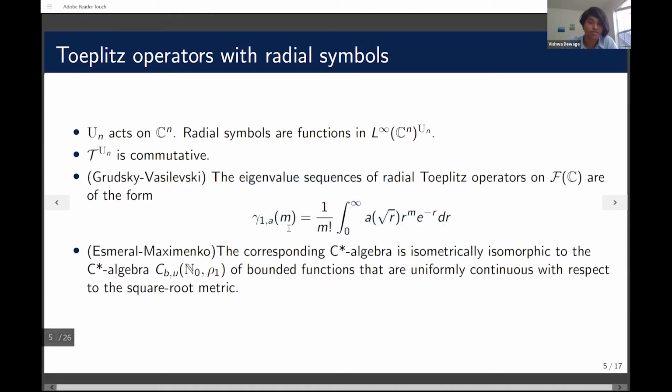So they are just sequences on N naught. And Esmeral and Maximenko showed that the corresponding C-star algebra is isometrically isomorphic to the C-star algebra CB U, which is just bounded functions on N naught, which are uniformly continuous with respect to the square root metric.